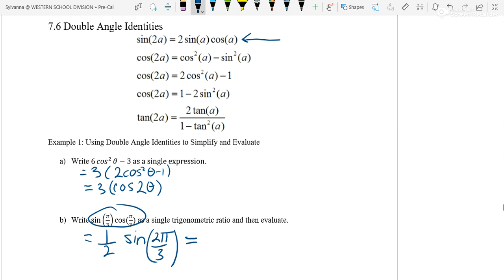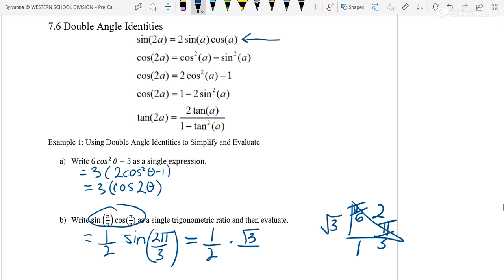Okay. So I know how to evaluate sine of 2 pi over 3. Remember, we're going to use our reference angle of pi over 3 to do this. So I can draw my triangle. Sine of pi over 3 is root 3 over 2.